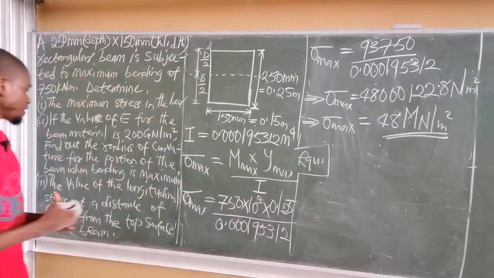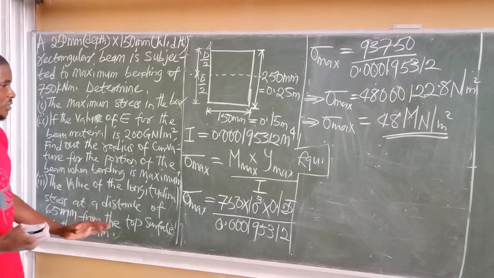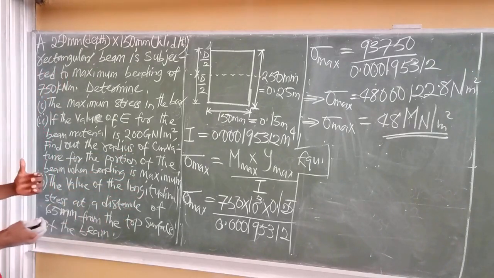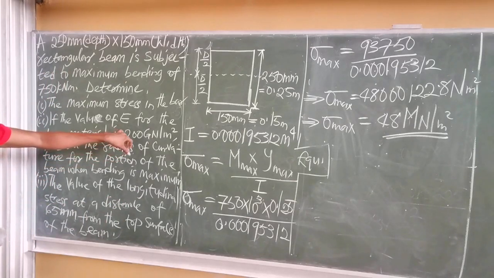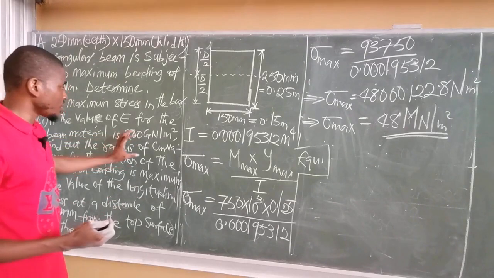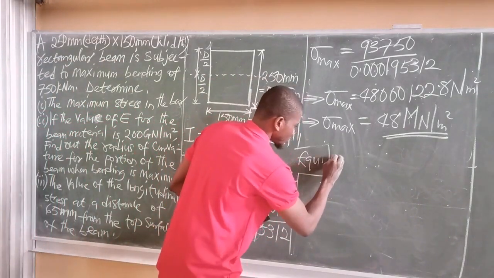The next part of the question says we should find the radius of curvature for the portion of the beam when bending is maximum. So that is at maximum bending moment. This time around, we're given the value for Young's modulus as 200 giganewtons per meter squared. So we are going to employ the bending equation again.